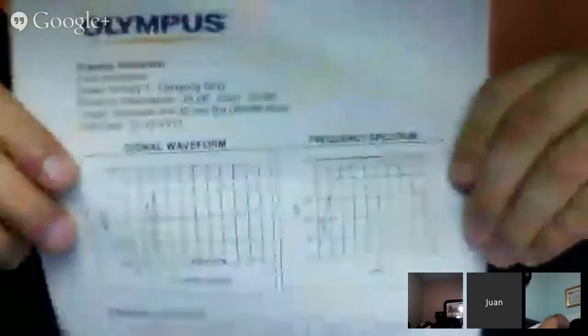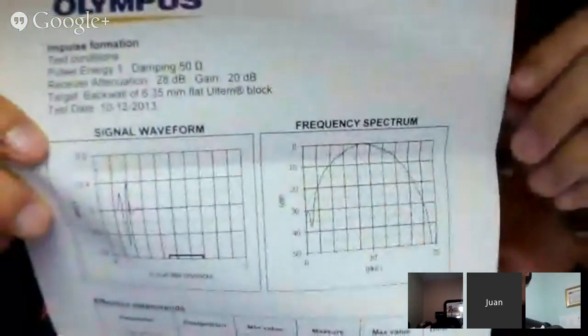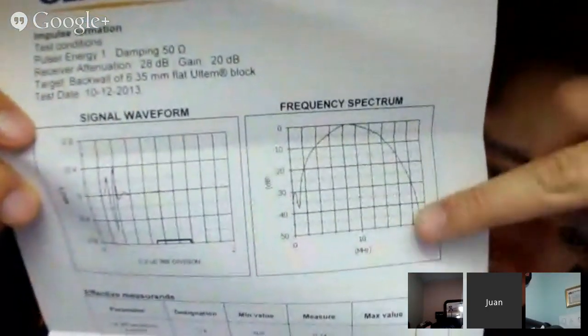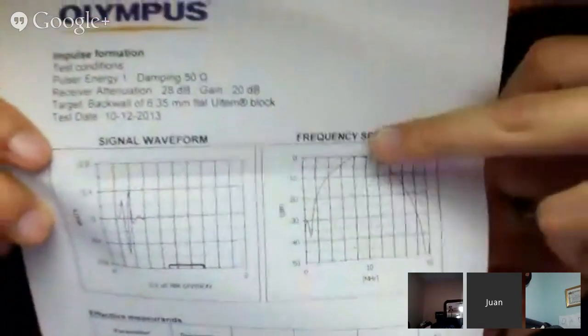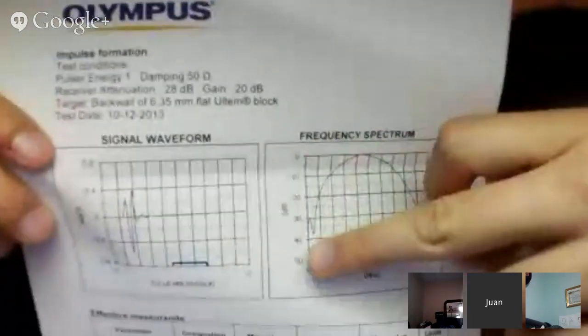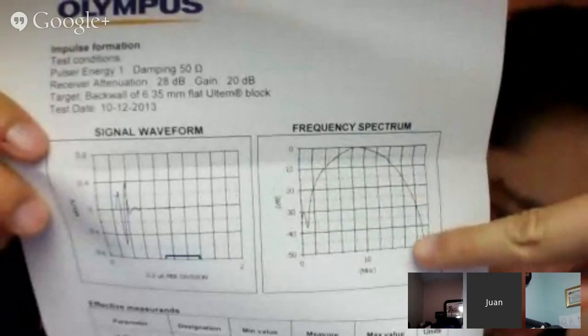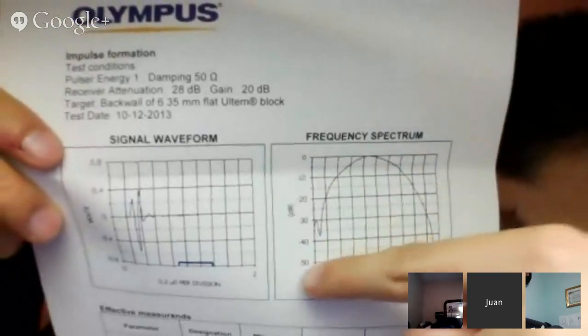Okay, this is what they're talking about, right? When you get your transducer from your manufacturer, they're going to give you the spectrum at which that transducer works, and they're going to give you the frequencies at which it is more sensitive.